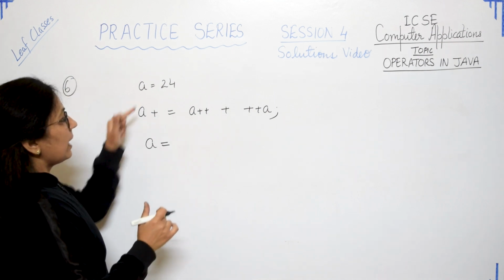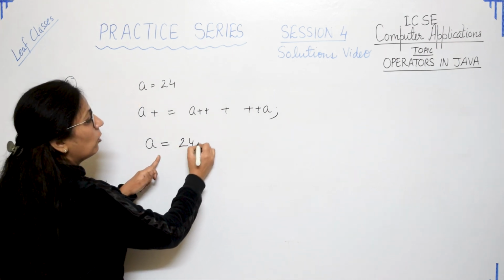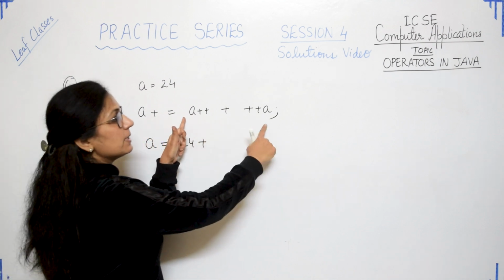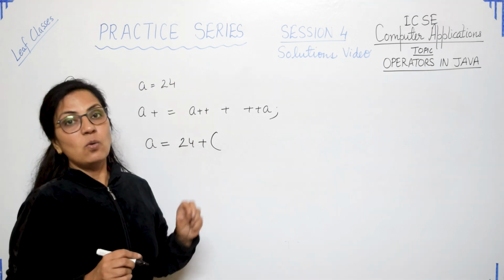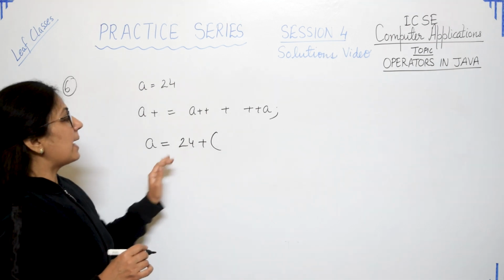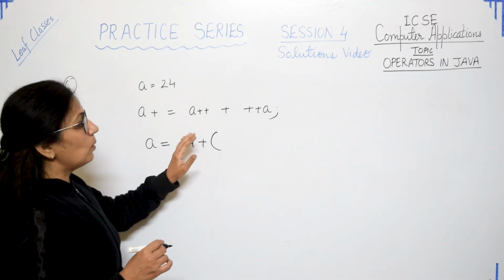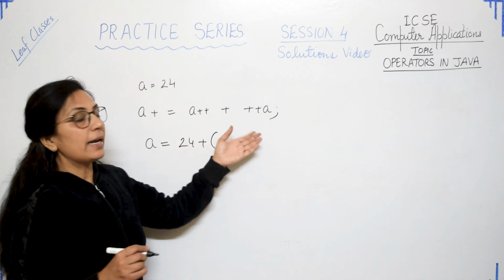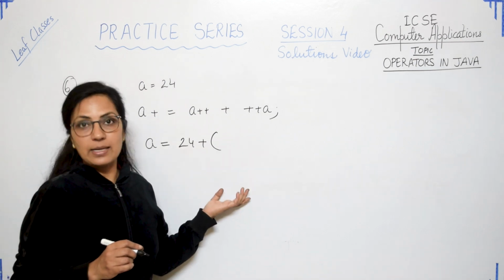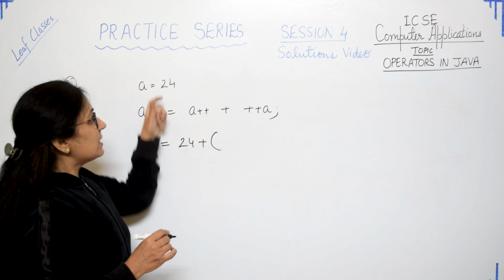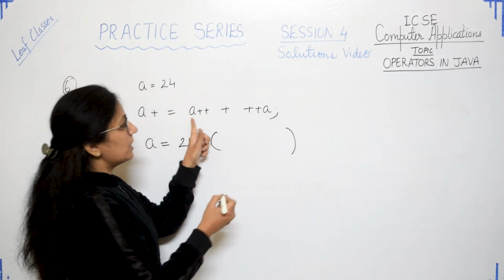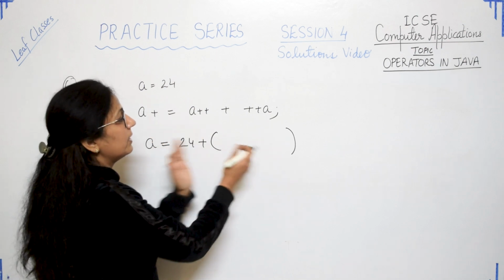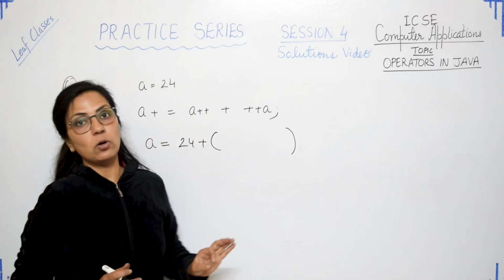So we will take A equals 24 plus, and whatever is here, put that within brackets, the easiest way to solve. The mistake children make is that they don't write this initial value and afterwards they write the updated value, and their answer becomes wrong. So always take the initial value here, and whatever expression is here should be solved within the bracket, then you will never go wrong.